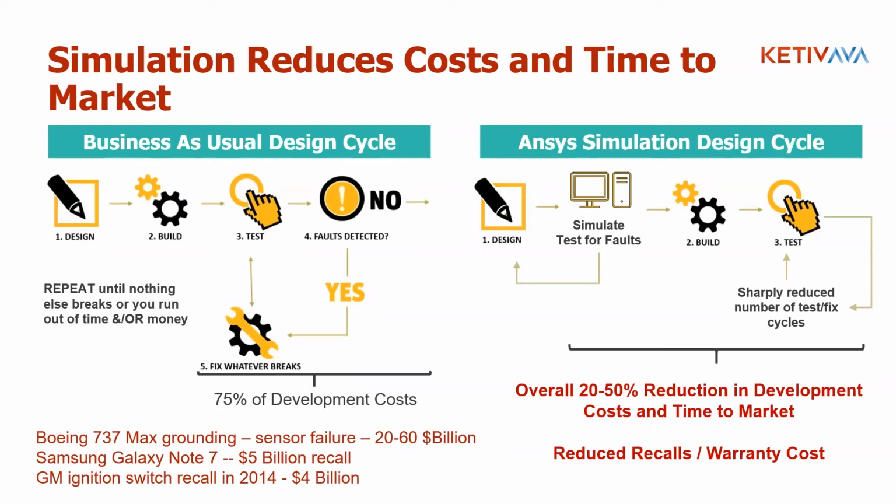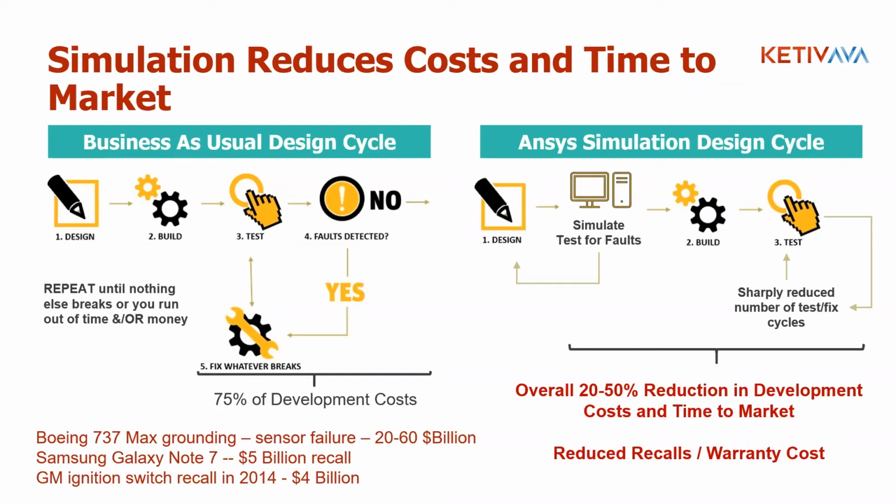What we want to talk about here is the use of simulation to reduce that cycle and simulate and test for faults before you even build it in the first place. So you design the product, you simulate, you test for faults, you do a number of cycles to fix those faults, and then build it.